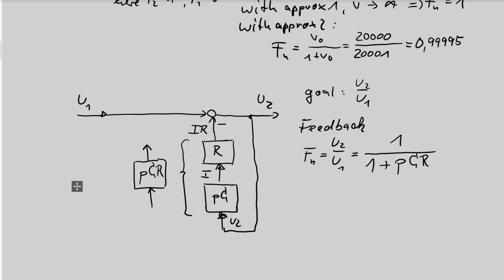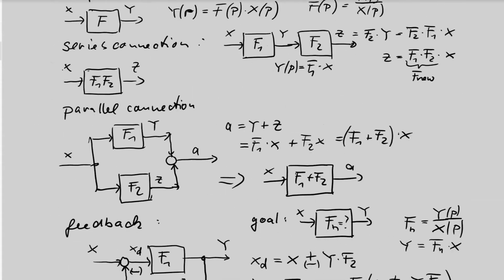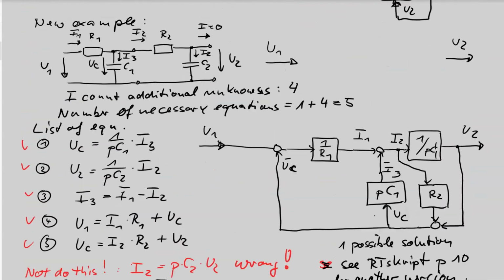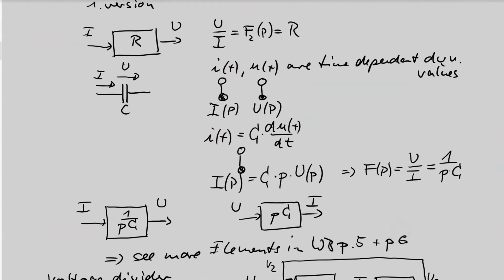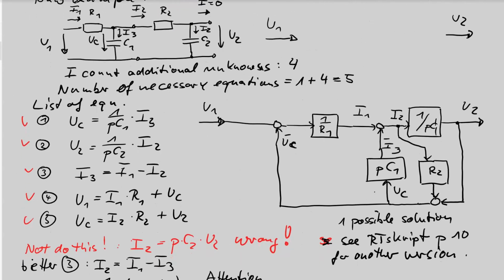Okay, this is a simple application where we use the series connection rule and the feedback rule, and now I want to show you that we do not have enough rules. We need more rules. This will be shown in the example with the two RC blocks connected. Here we have the signal block diagram of the RC-RC connection.